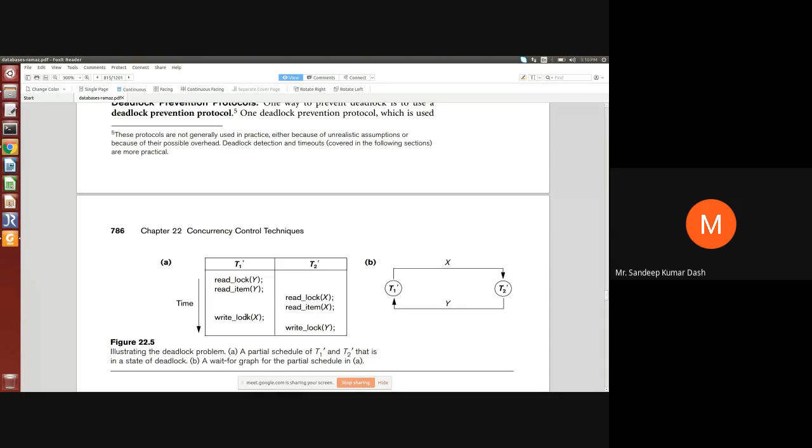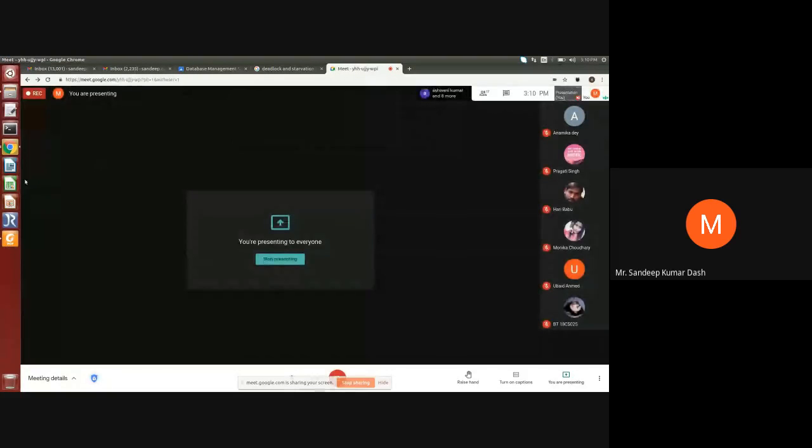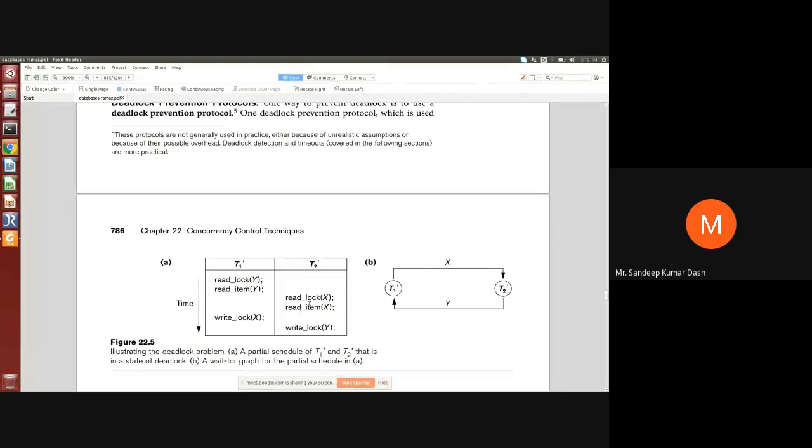Similarly, T2 requires a write lock on Y, which T1 is holding in read mode. So this one is holding Y requiring X, and this one is holding X requiring Y. Both transactions are waiting for each other to release the respective items. This will continue up to infinite time, because no one will release the items held by the other, so it becomes a deadlock.